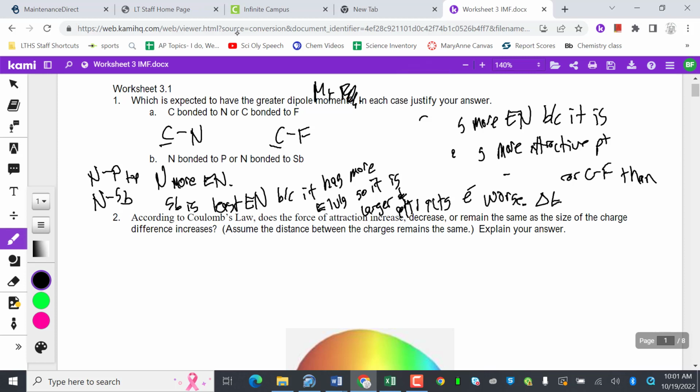The change in electronegativity is bigger for N to Sb. I just want to make sure I had that clearly labeled.